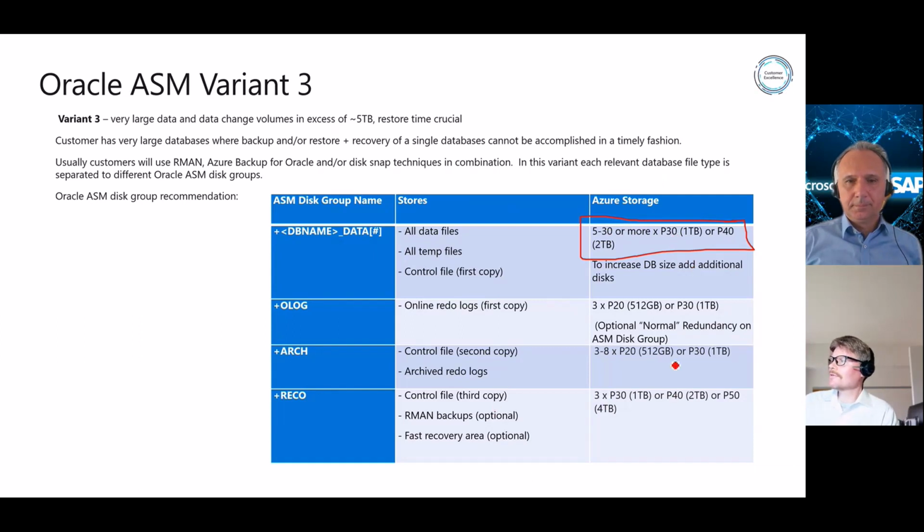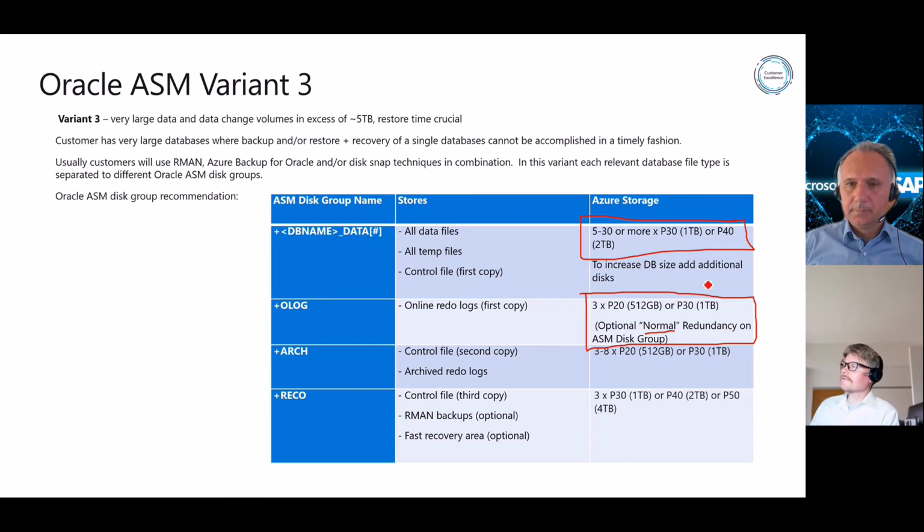Here we introduce the possibility of having additional safety on your Oracle transaction log, by using normal redundancy for the ASM group. Now, the criticality of a system is going to determine whether this is something you do or not.